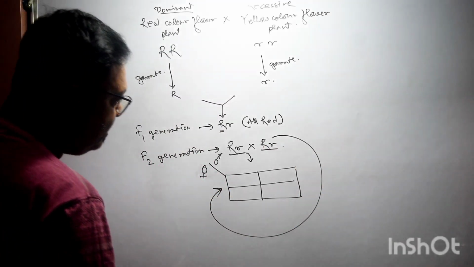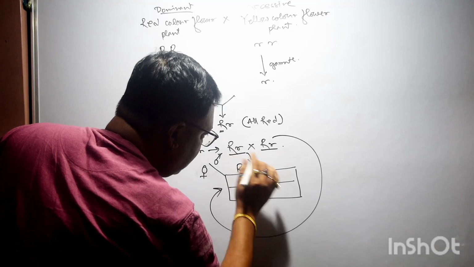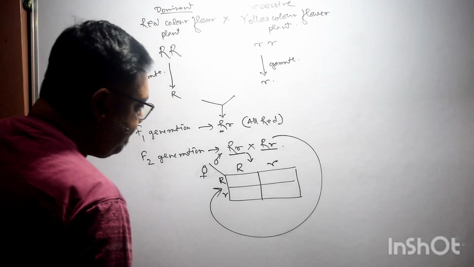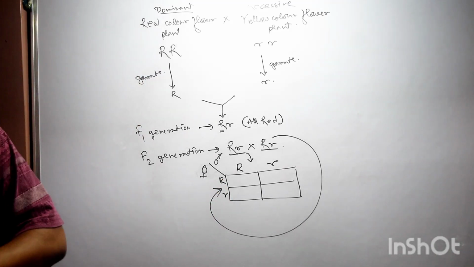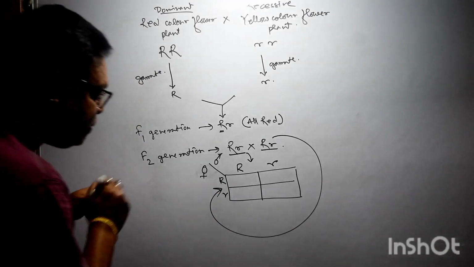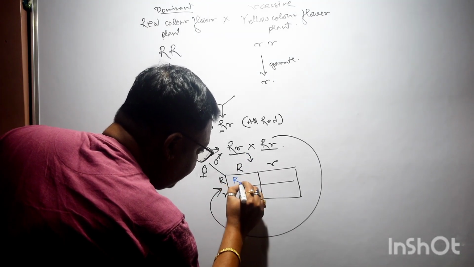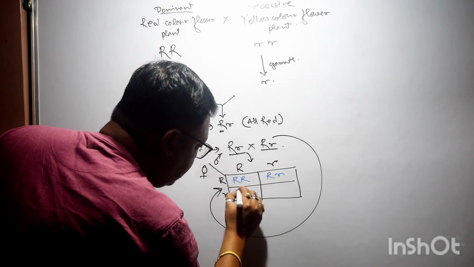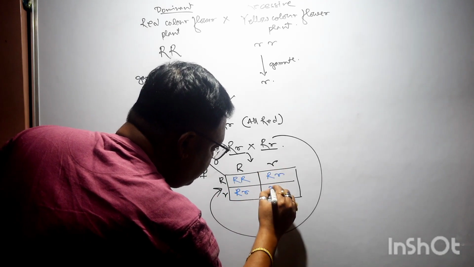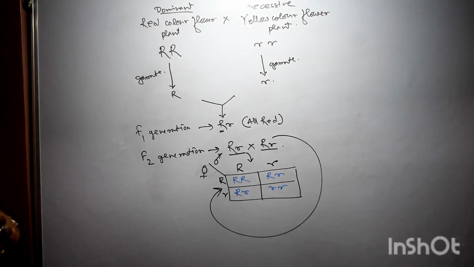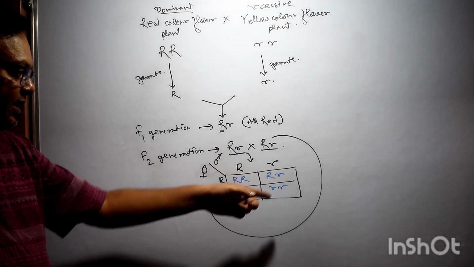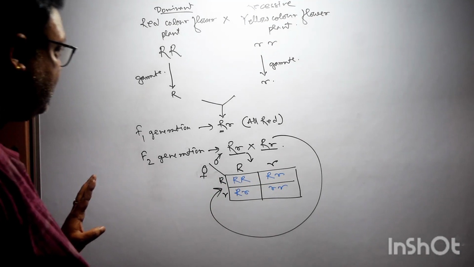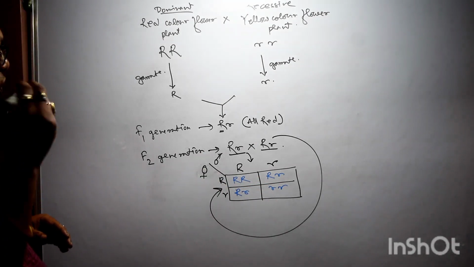This is capital R, this one small r, capital R, this one small r. In combination of these two will come into this box: capital R capital R, capital R small r, capital R small r, small r small r. Now this is the F2 generation having 4 progenies.